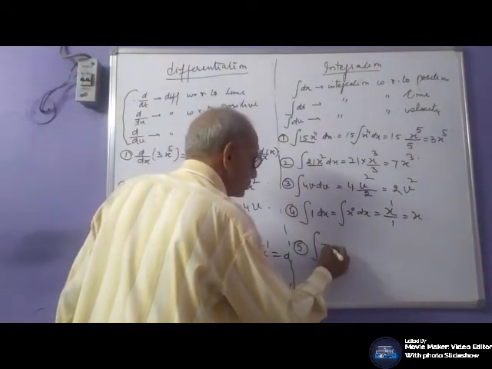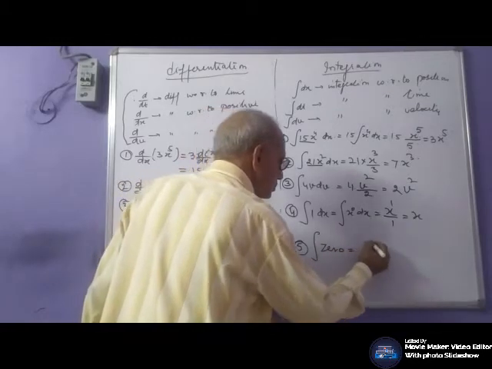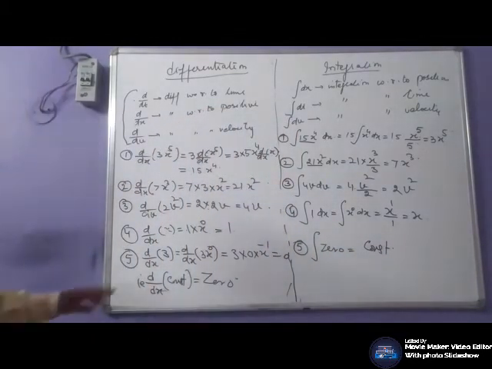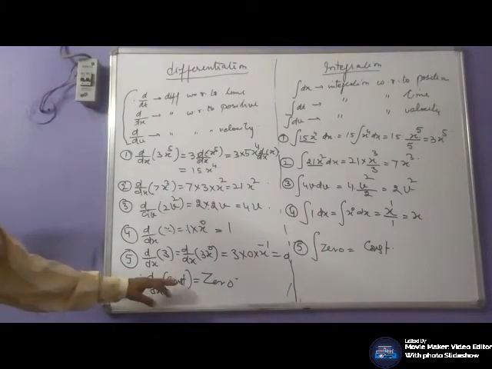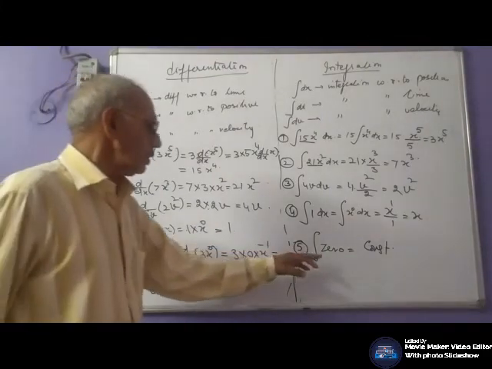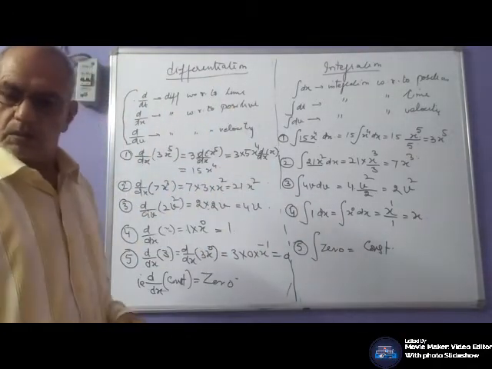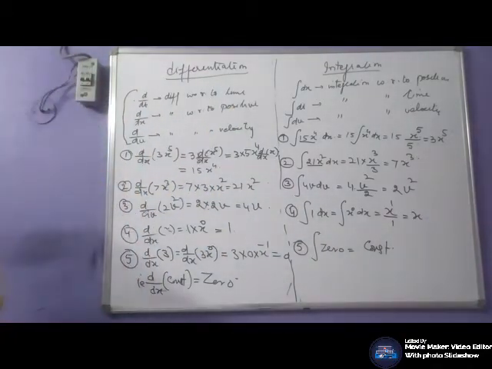Differentiation of a constant is 0, so integration of 0 is a constant. Check the rule again.